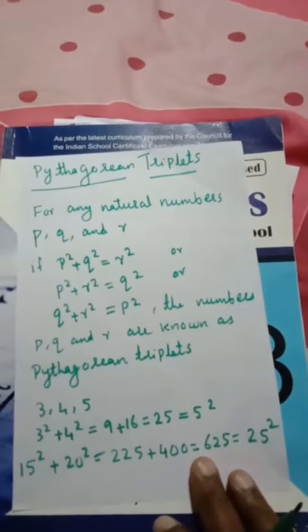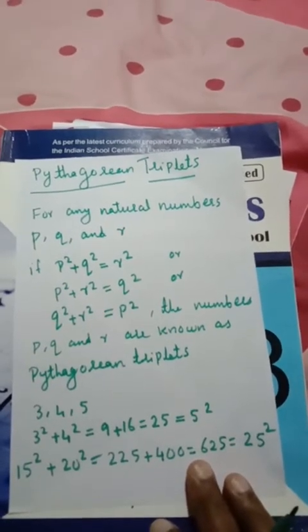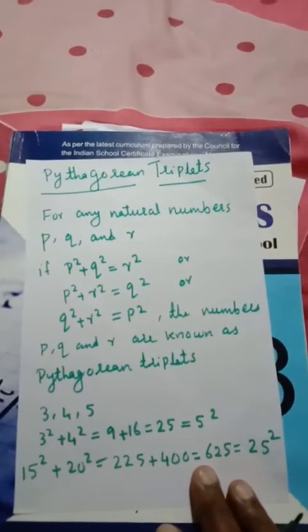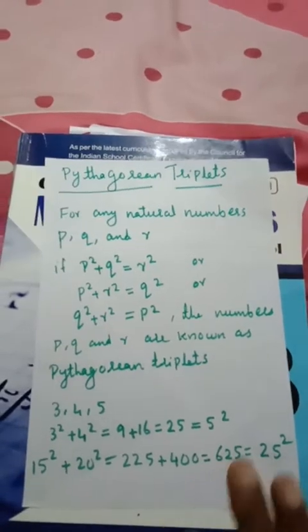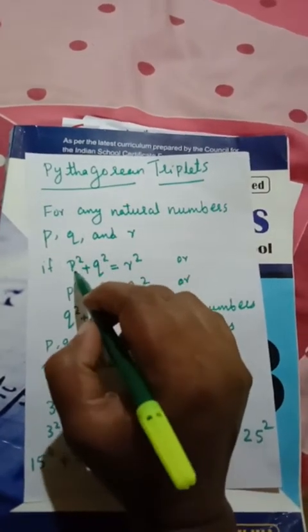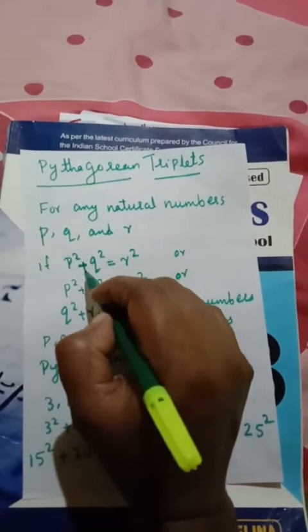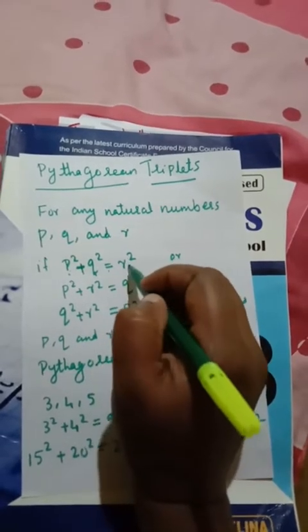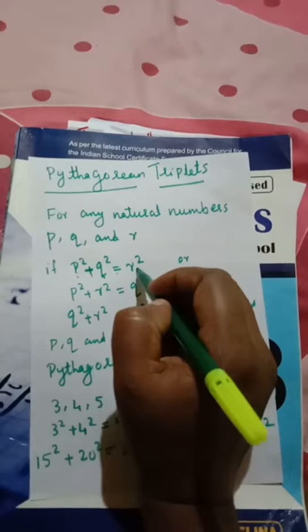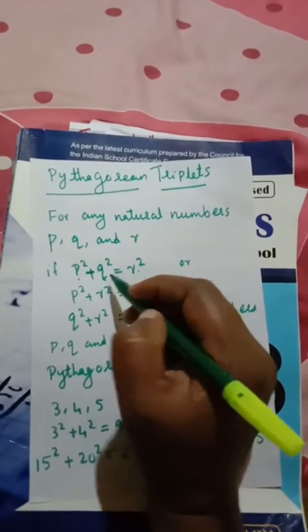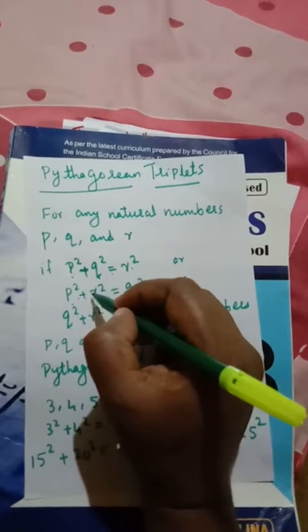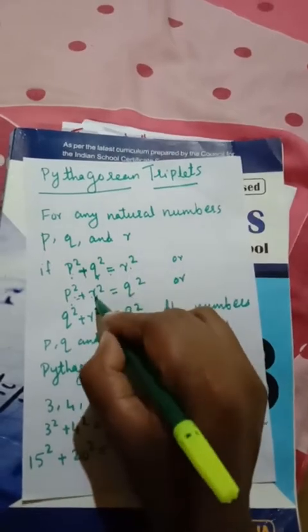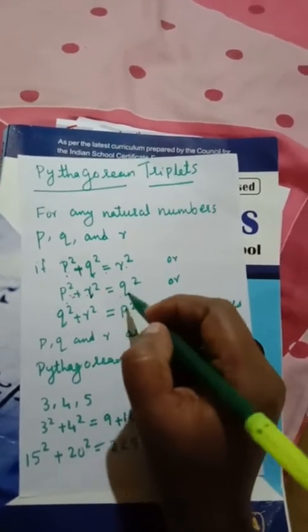If the sum of the squares of any two numbers is another perfect square, then it is called a Pythagorean triplet.